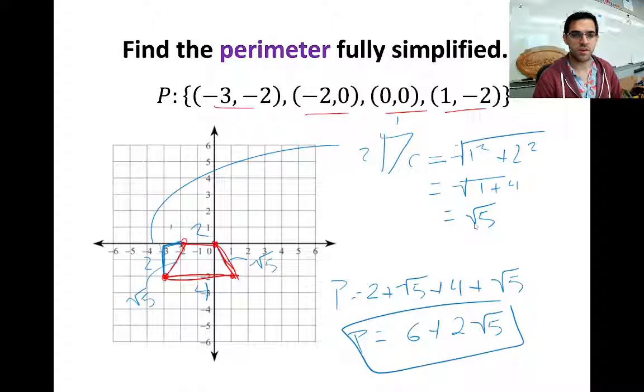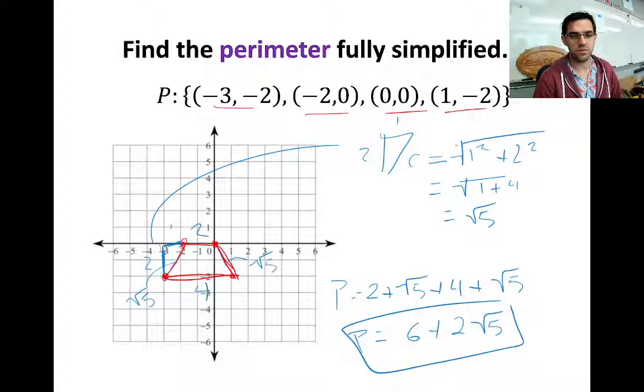Here's another shape we're finding the perimeter of. In this case, the top and the bottom are flat lines, so it's easy to just count the spaces. 2 spaces wide up top, and 4 spaces wide on the bottom. For the diagonal side lengths, we're going to use that distance formula again to calculate the hypotenuse of the right triangle that we made in blue.